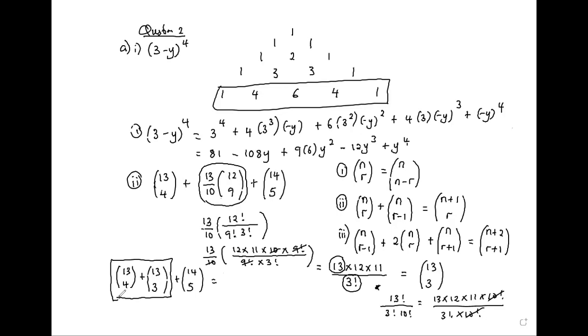So 13C4 plus 13C3, where 3 is 4 minus 1. So we have 13 plus 1, which is 14, choose 4, and then plus 14C5. So this is like r, this is like r minus 1. Again we use the same property: 14 plus 1, we get 15, choose 5. This is a single binomial.